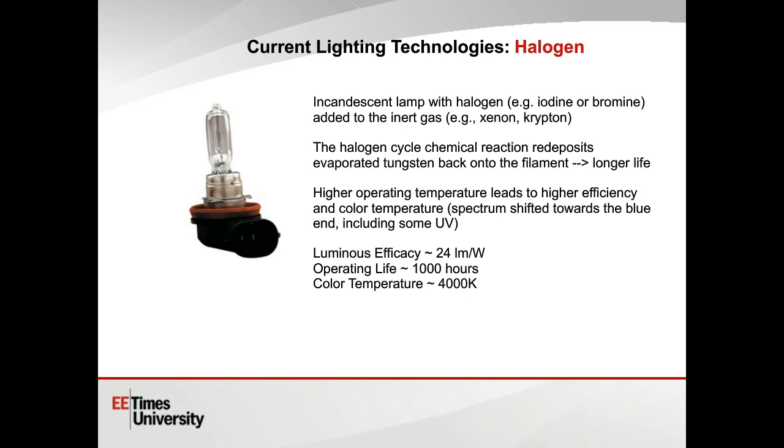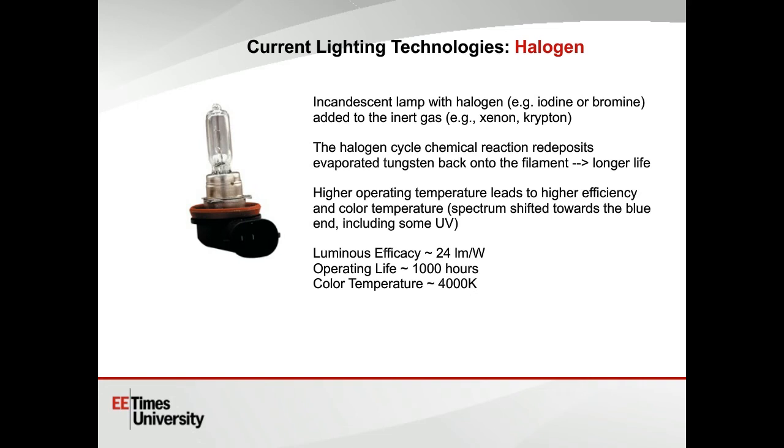The combination of the inert gas, the halogen gas, and the tungsten filament produces a chemical reaction called the halogen cycle reaction, which increases the life of the filament because it redeposits tungsten that would otherwise evaporate back onto the filament.